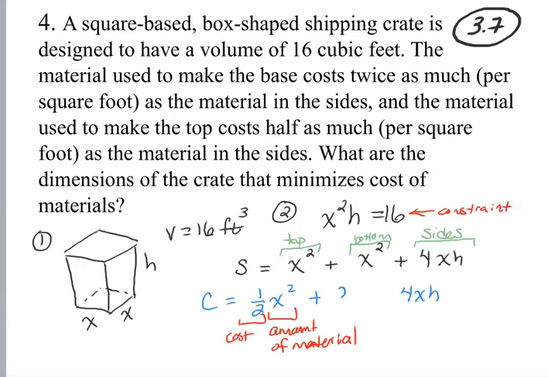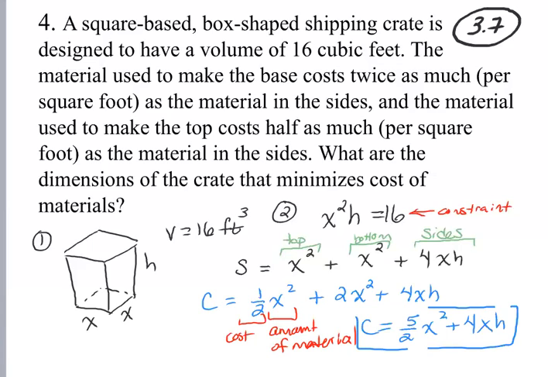Plus the bottom costs double what the sides do. And then this last one should technically be 1 times 4xh, but I don't really need to write the 1 there. I'm going to simplify a little bit. I have like terms now that I have a cost equation. This is equal to 1/2 x squared plus 2x squared, which is 5/2 x squared, plus 4xh. This is the cost of the materials on the box if we make that assumption that the cost of the materials on the sides is $1 per square foot.